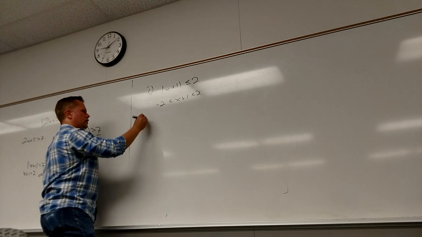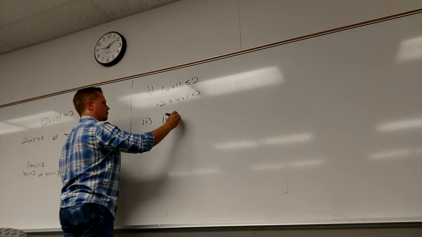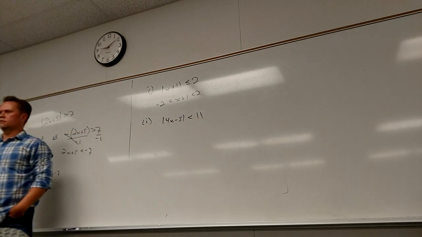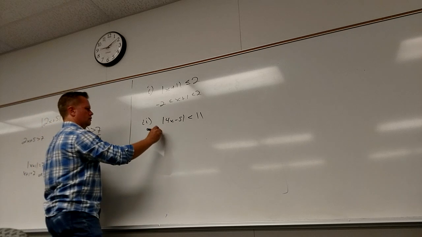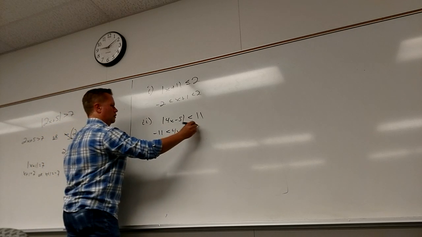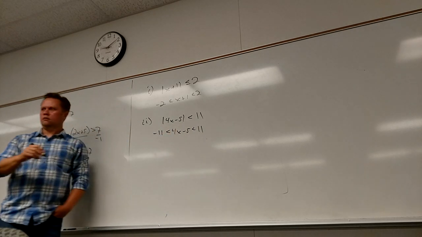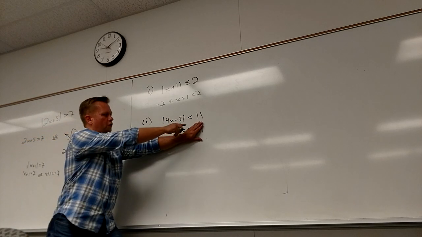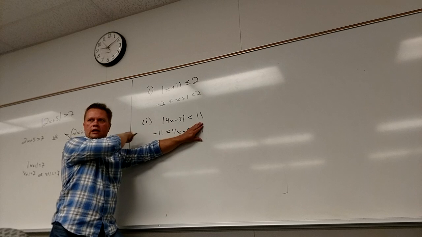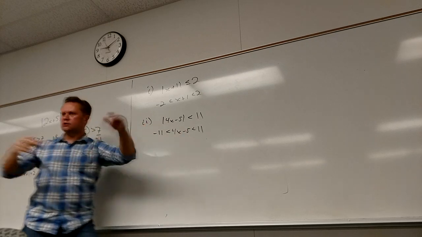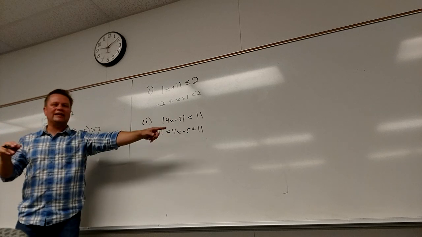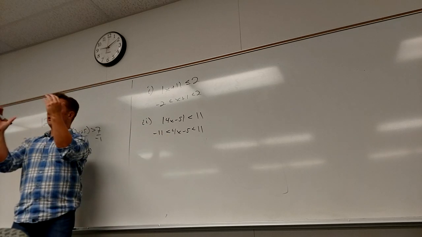So how would you rewrite this? Yeah. Negative 11 less than 4x minus 5 less than 11. Either 4x minus 5 is less than 11, or 4x minus 5 is greater than negative 11, if you read it that way. So I can just put it all in one line. It's a sandwich. It wants to be close. I should be able to write the algebra as a sandwich.